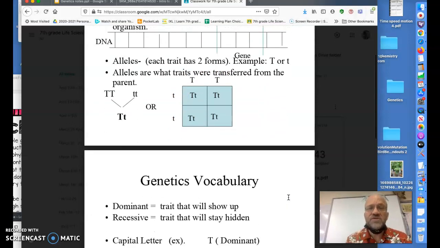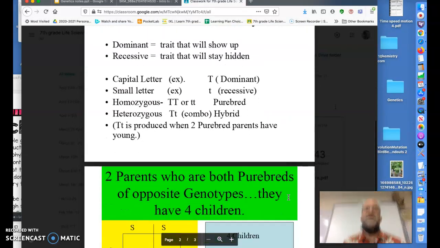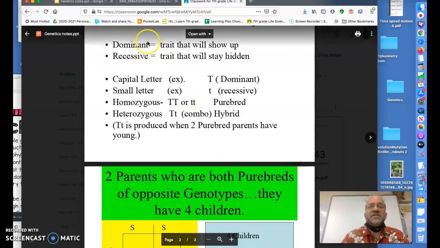Okay, now let's go down here and take a look at some of these genetic vocabulary words. You can just look through these for right now. And again, dominant trait, dominant genes, alleles is the trait that will show up depending upon what it is. It could be tall, it could be brown hair versus blonde hair. It could be blue eyes versus brown eyes. It could be whatever comes together.